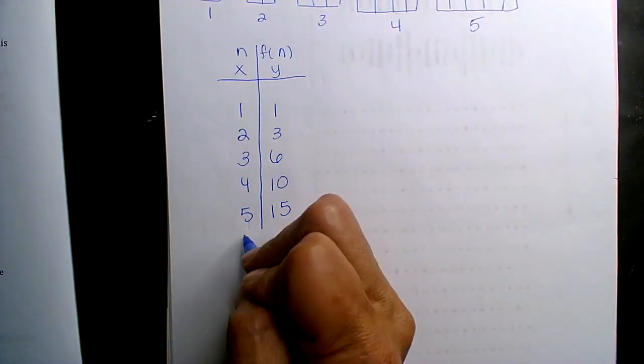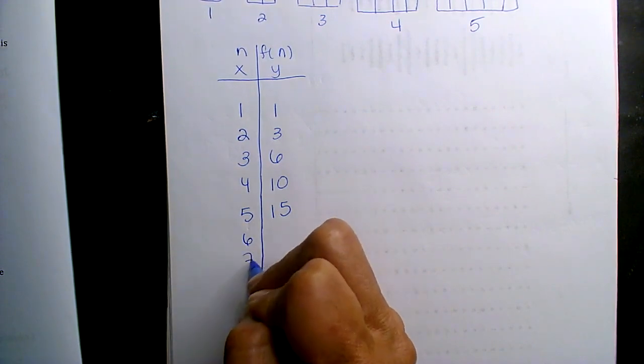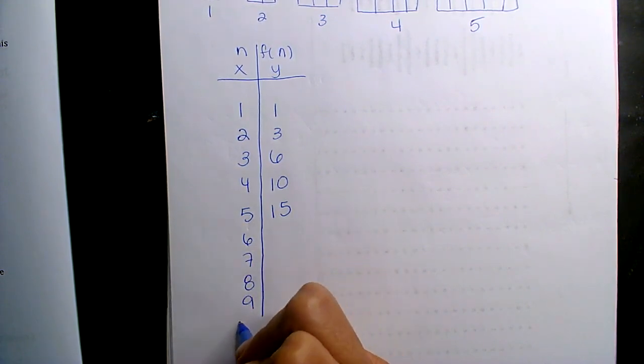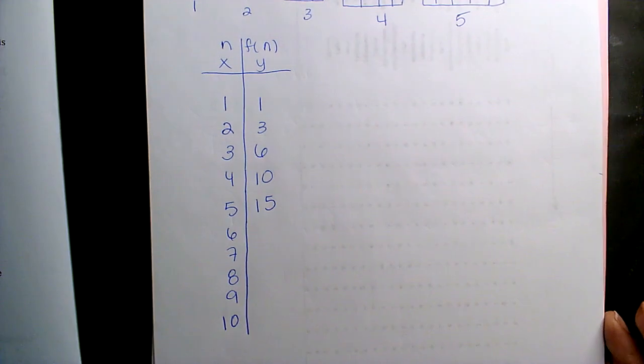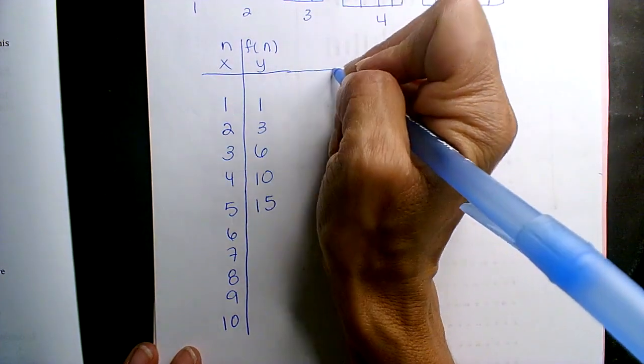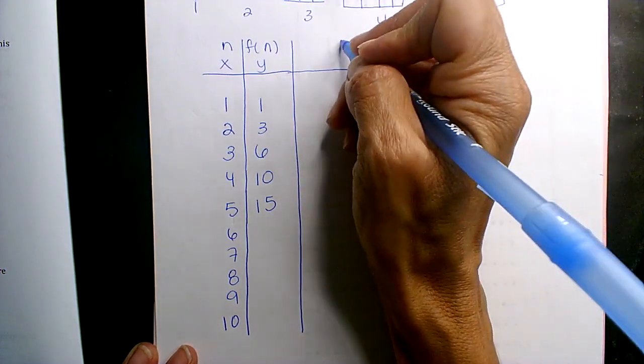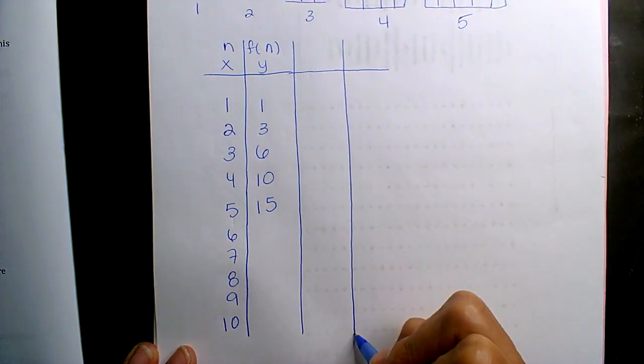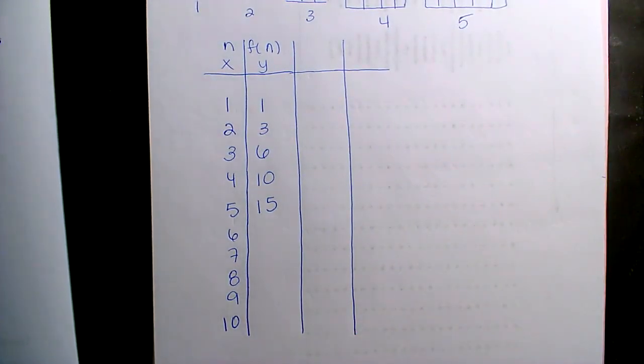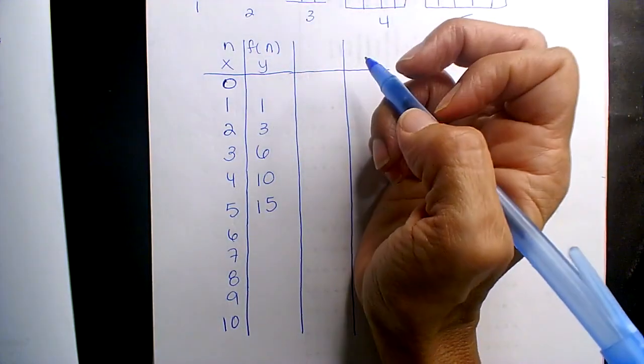So you can either draw all of them, or if you can figure out the pattern with the chart, we're going to kind of grow this chart. Okay, and by the way, I'm going to put a 0 here. Okay, so look.